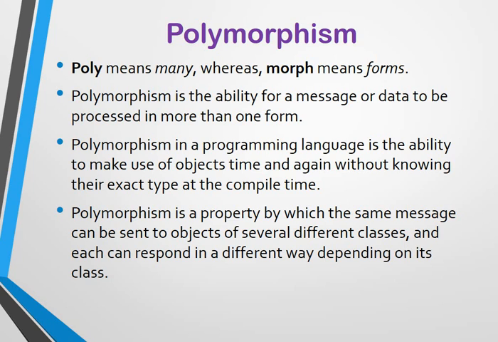So, polymorphism is a key to the power of object oriented programming. It's so important that languages that don't support polymorphism cannot advertise themselves as object oriented languages.